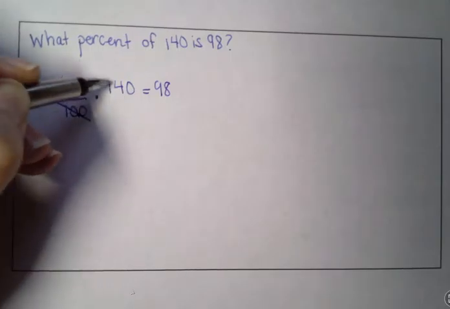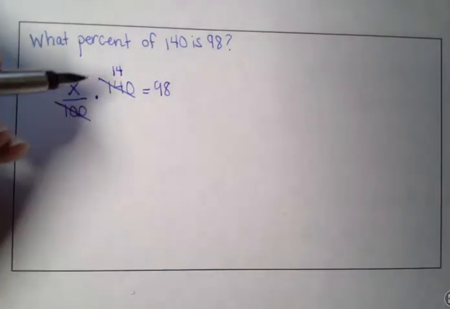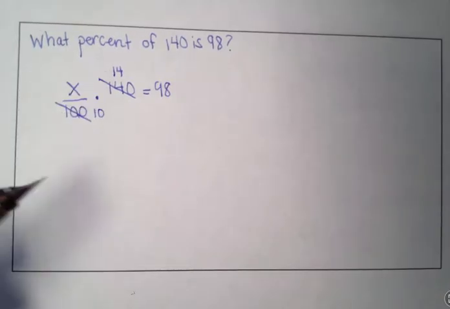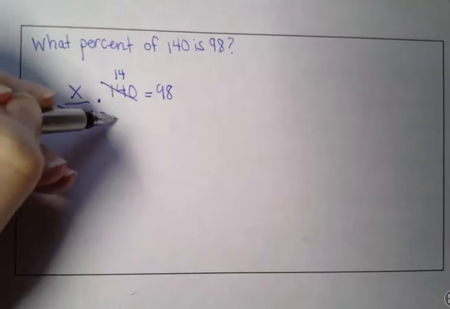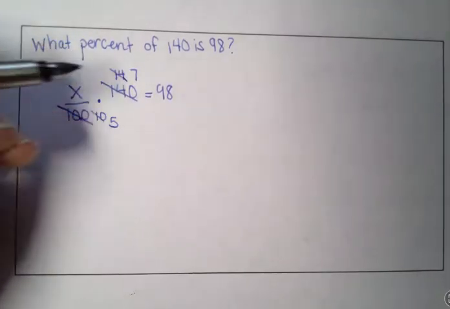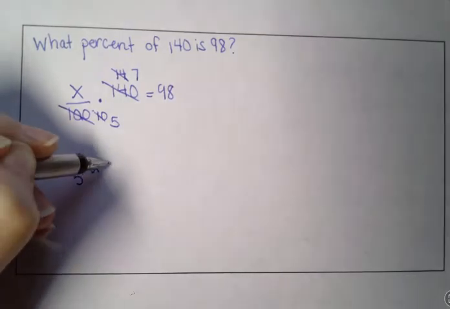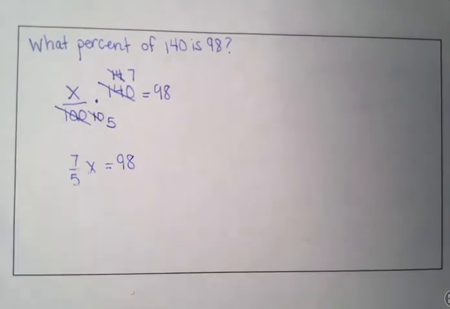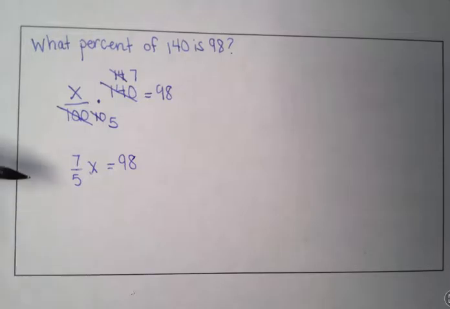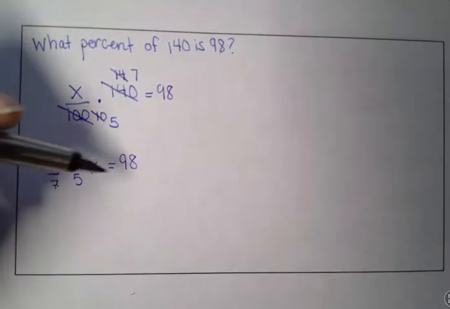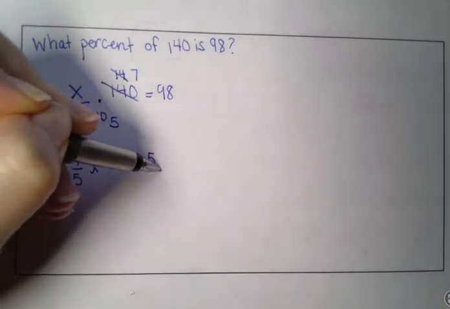They're both divisible by 10, so I have 14 and then I have 10. I can cancel again because 14 and 10 are both even, so I can divide them by 2. So I'd have 7 over 5 x equals 98. So now that I've simplified that, I can solve for x by multiplying both sides by the reciprocal, which is 5/7.